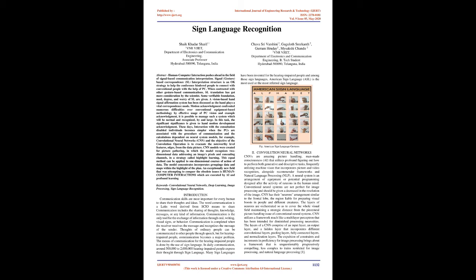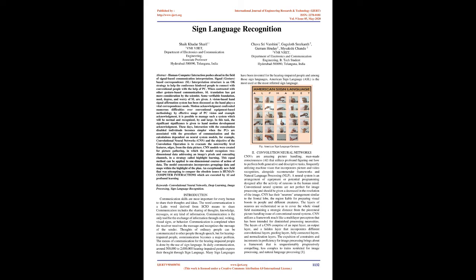Nowadays, interaction with hearing-disabled individuals becomes simpler when PCs are associated with the process of communication and the algorithms are based on neural network models, for example, convolutional neural networks, CNN. The objective of the convolution operation is to extract the high-level features, edges, from the input image.